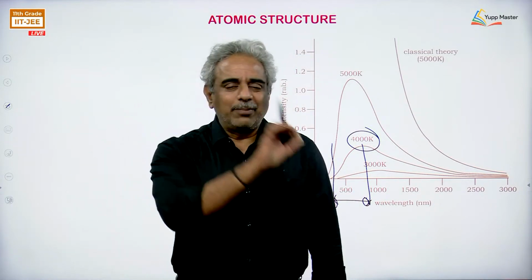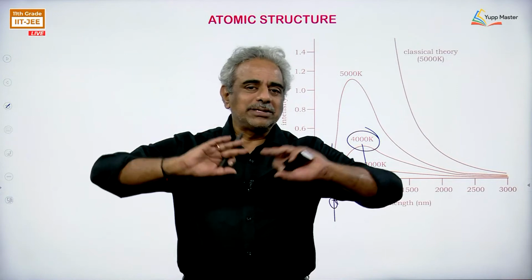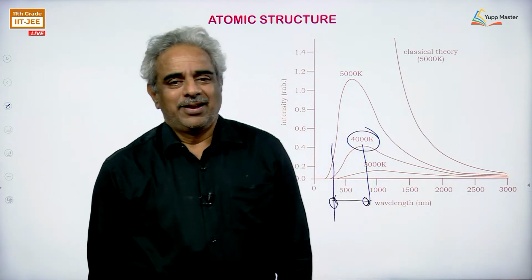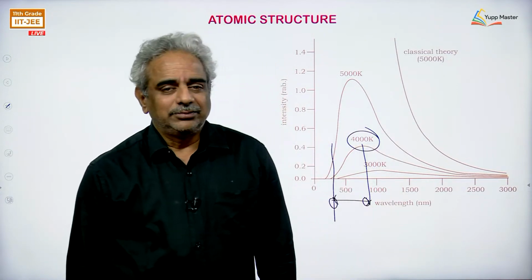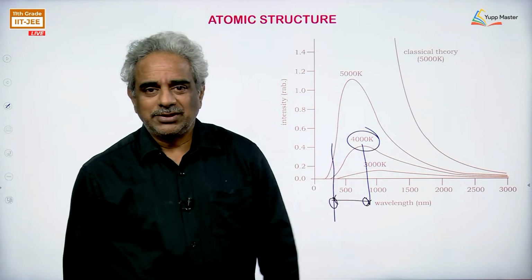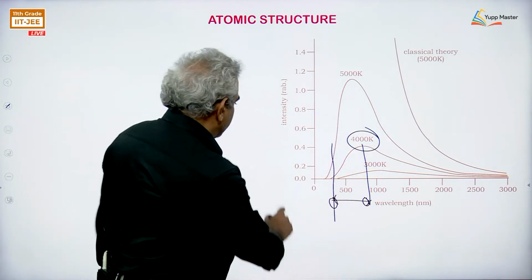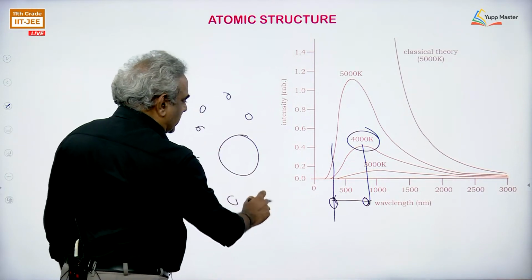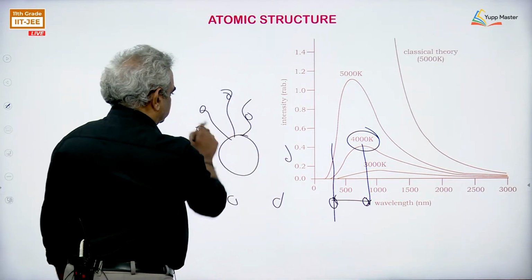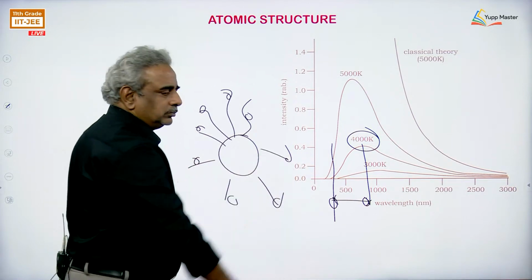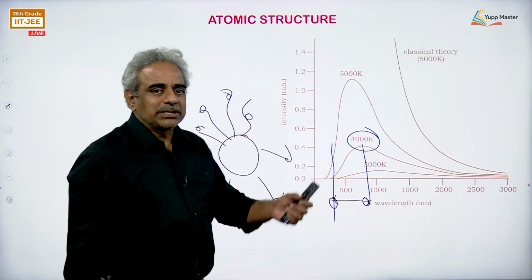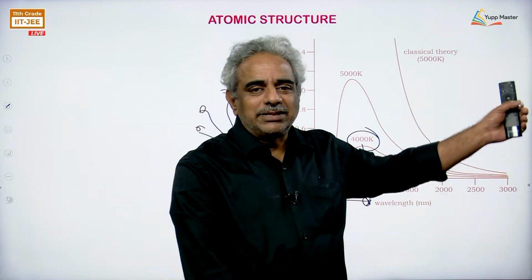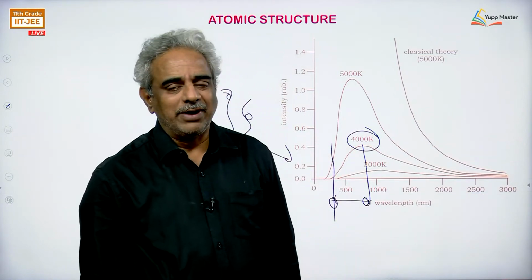The beauty of black body radiation is that emission of radiations is discrete, but the spectrum is continuous. The body is radiating in discrete packets, discontinuous packets. But all these packets cover most of the wavelengths, closely associated wavelengths.